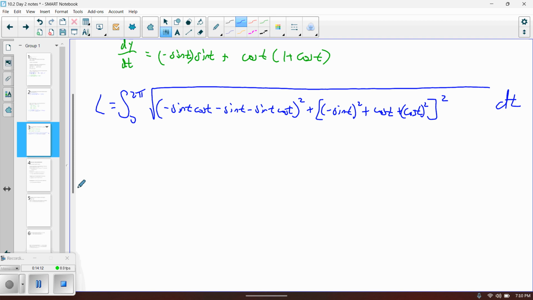The reason I would know that is because when you plug this into your calculator, your answer is 8. You're not going to get a nice easy number like 8 unless everything on the inside simplifies nicely and you get an easy antiderivative to take at the end. So if you want to really challenge yourself, go ahead and do that one by hand. If not, and I completely understand if you don't, just know that it could be done by hand, but when you plug it in the calculator, you get 8.